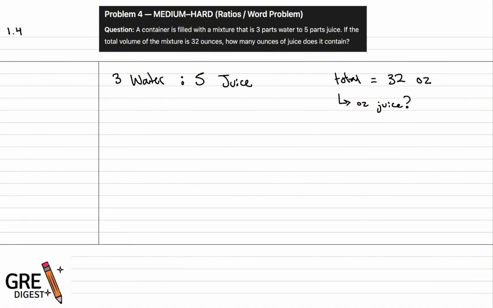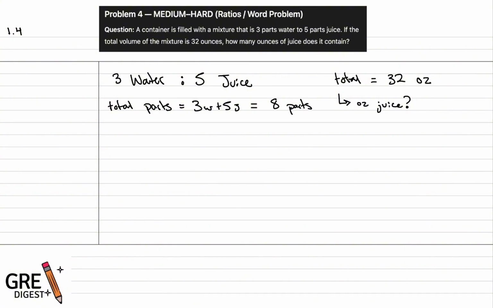Alrighty. So what we can do here is if it's 3 parts water and 5 parts juice, we can get the total parts. So total parts is going to be 3 water plus 5 juice. It's going to give us 8 parts combined.